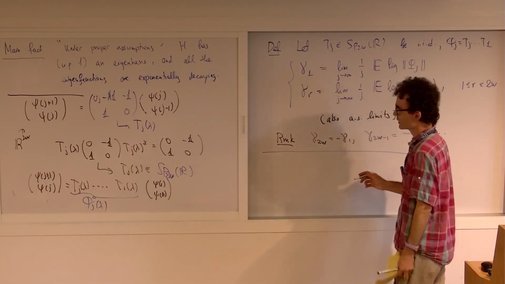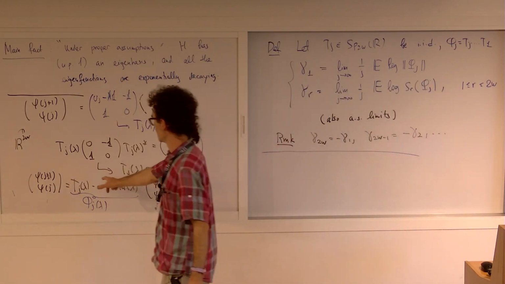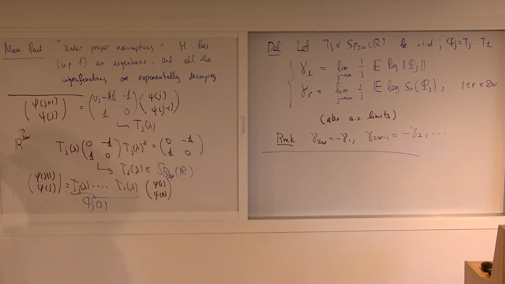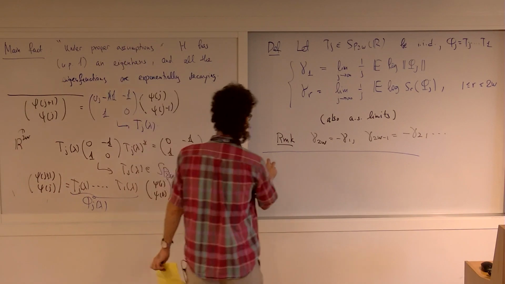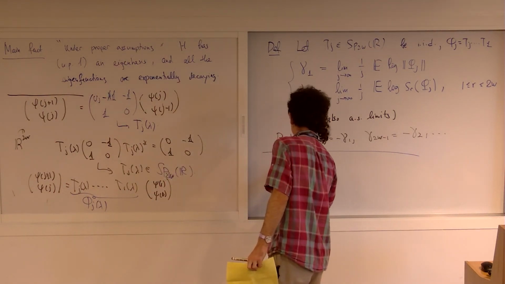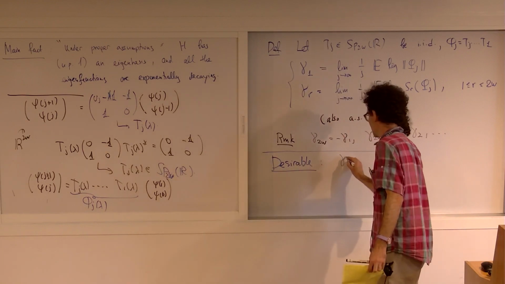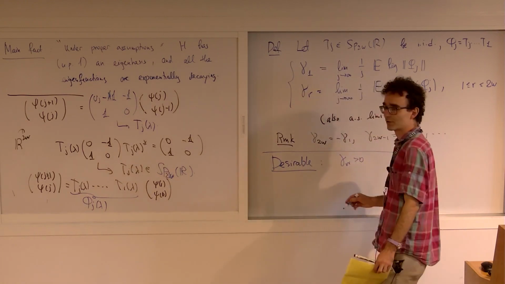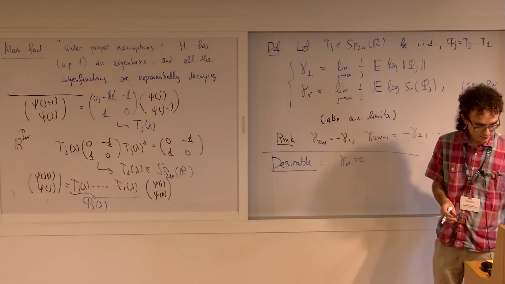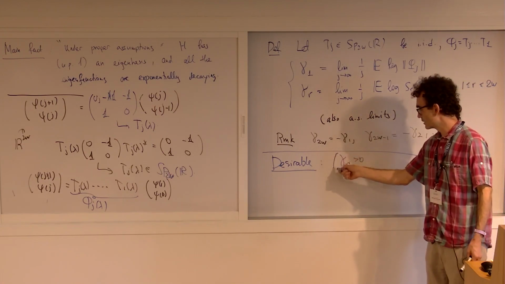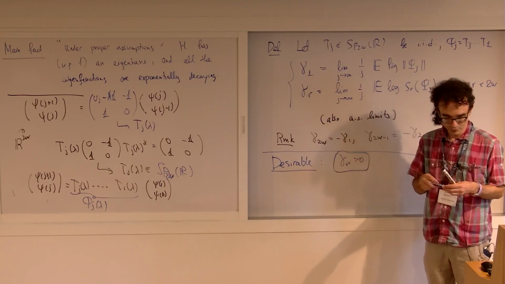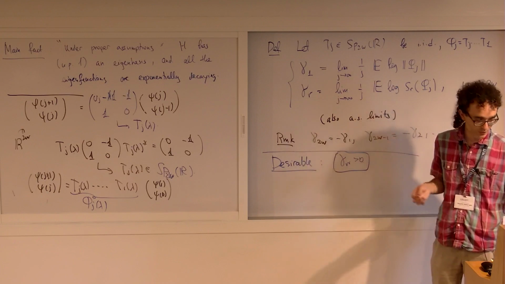So now returning to our setting of the transfer matrices of the Schrödinger operator, it's very desirable to have gamma w greater than 0. Why is it desirable? Suppose this is the case, let's say for all lambda.